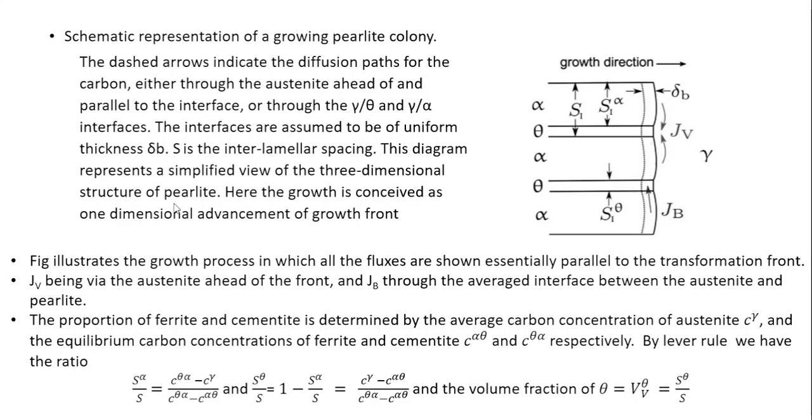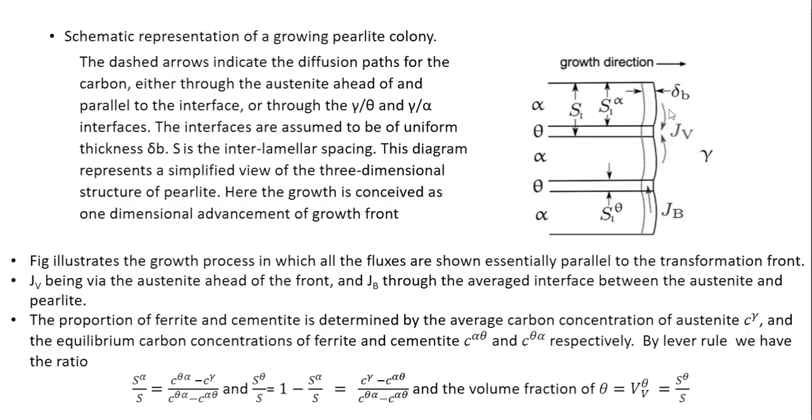This diagram represents a simplified view of the three-dimensional structure of perlite. Here the growth is conceived as one-dimensional advancement of the growth front. The figure illustrates a growth process in which all the fluxes are shown essentially parallel to the transformation front, JB being via the austenite ahead of the front.